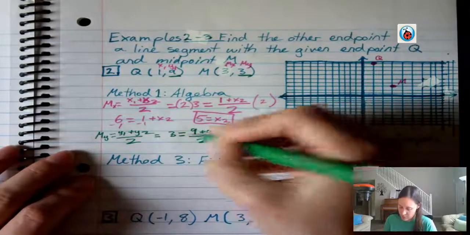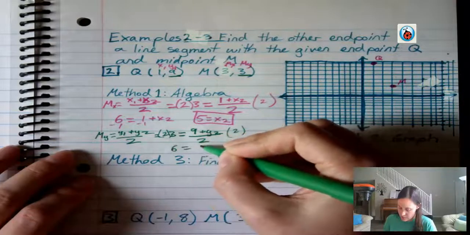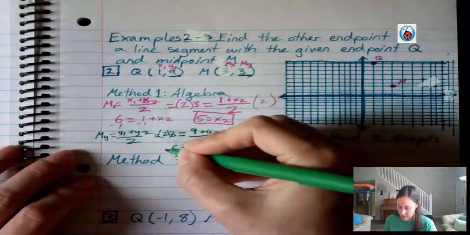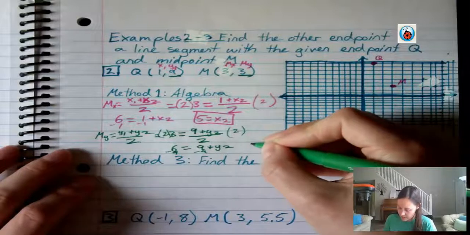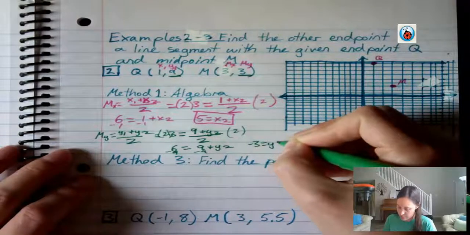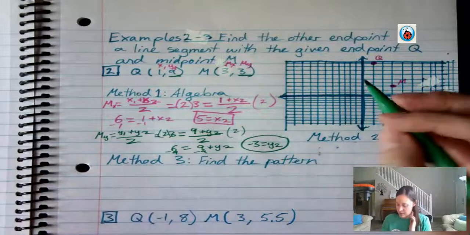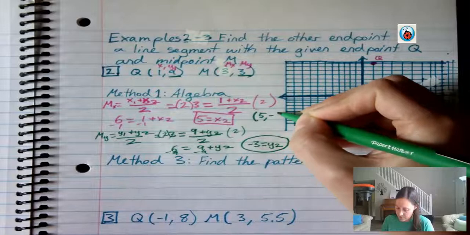Again, I multiply both sides by 2 to get 6 equals 9 plus y2. And I subtract 9 from both sides to get negative 3 equals y2. And so then my answer is that ordered pair of 5, negative 3.